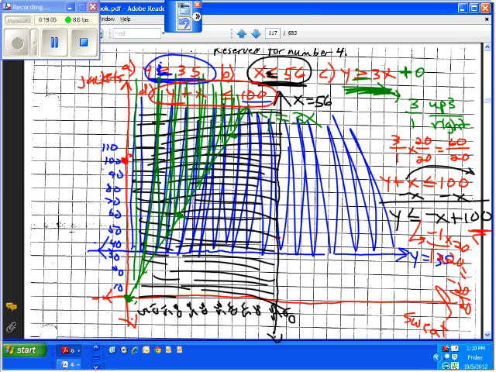So from the 100, I'm going to go down 20, right 20. So that put me at 20 and 80. Down another 20, right 20 would be at 40 and 60. Right another 20, down 20 would be at 60, 40.